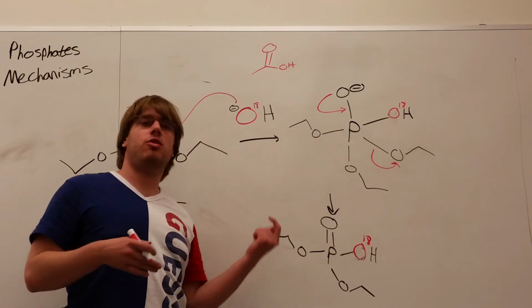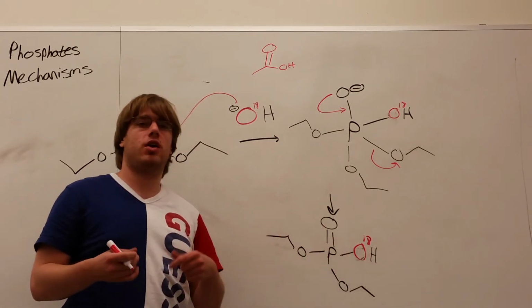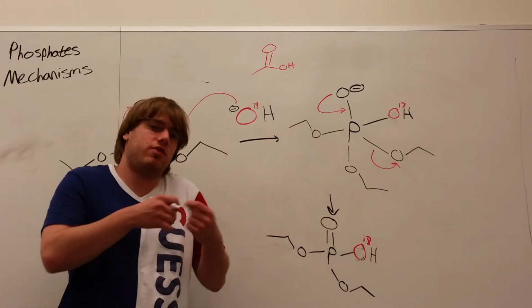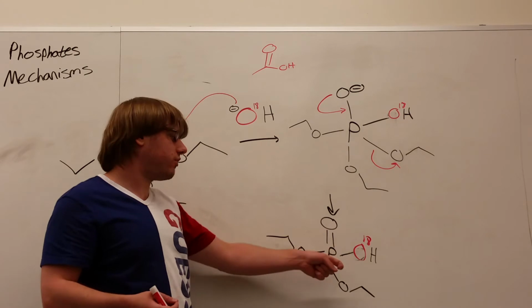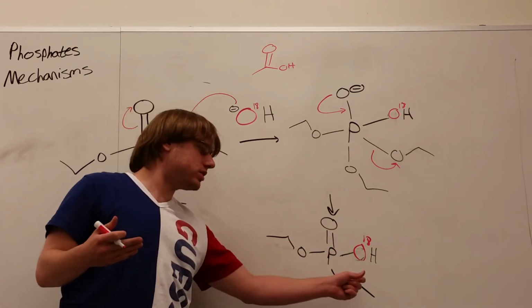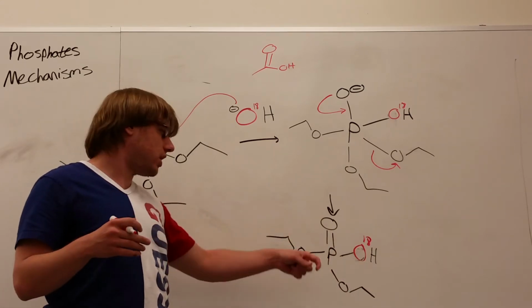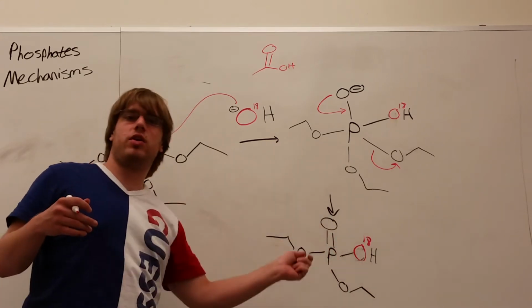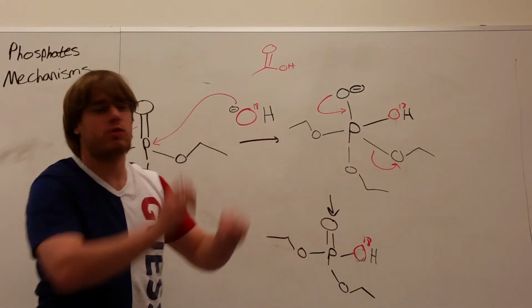Yes, you could attack the carbonyl, but it would happen at a much slower and less common rate than just pulling off that proton, because all you have to move is a hydrogen, a very easy thing to break or move around. Whereas if it were to attack the phosphorus, well, you'd have to finagle the oxygen into the phosphorus around all these groups that could potentially repel it with their own electrons, and then we have to worry about the resonance and all the other stuff. Whereas all we have to do with this is a simple hydrogen just whoop, right off.